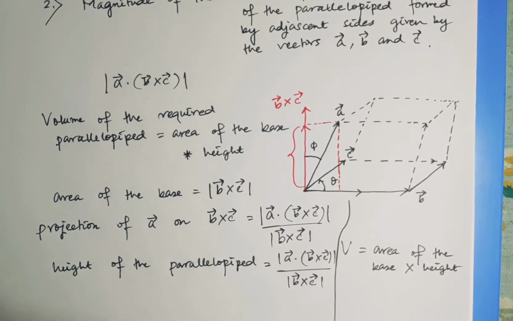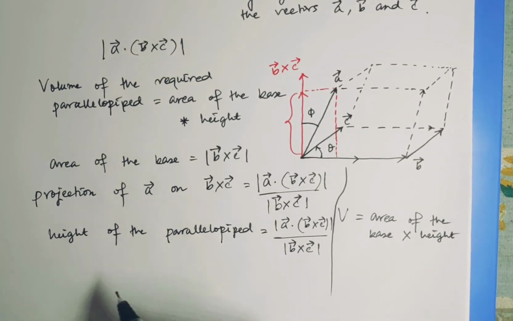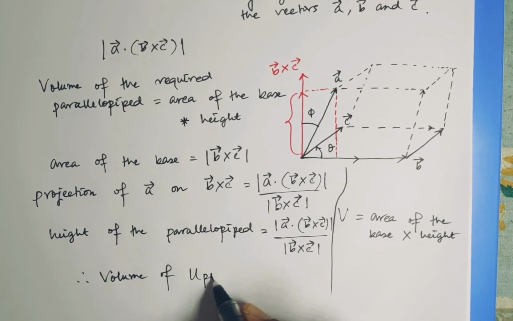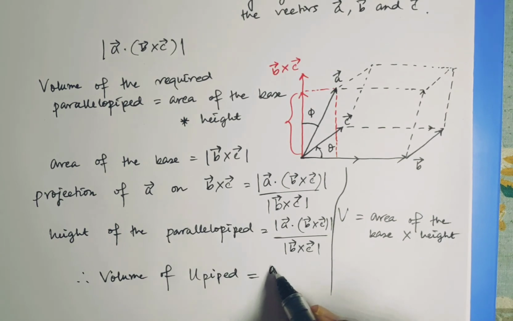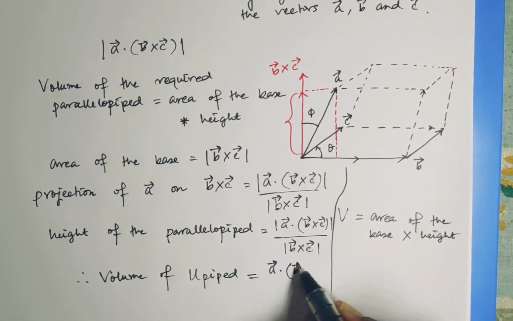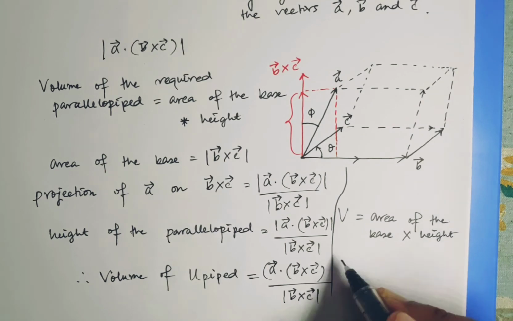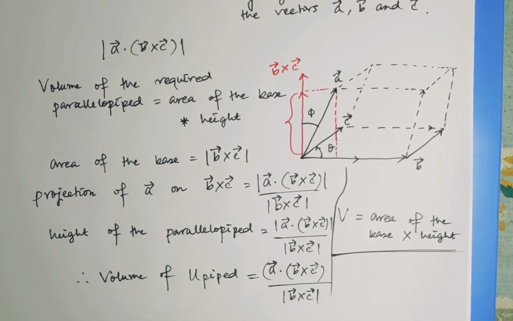Now can you tell me what was the volume we have? Therefore volume of parallelepiped is equal to how much? A dot B cross C divided by B cross C, this was the height, right?